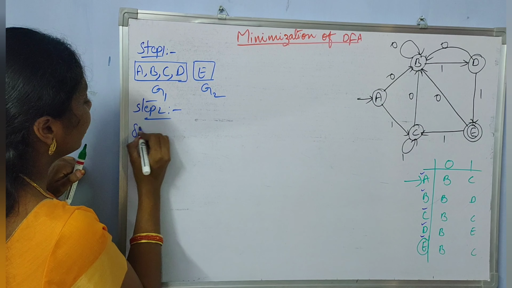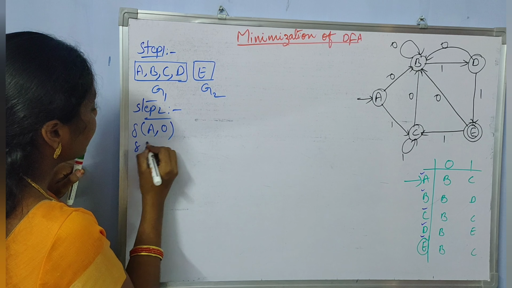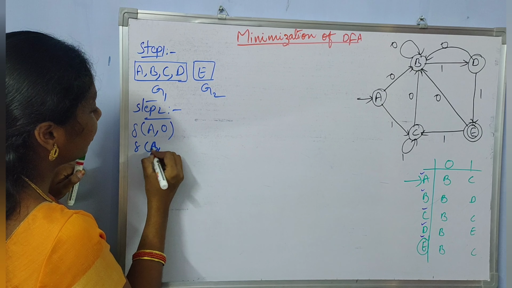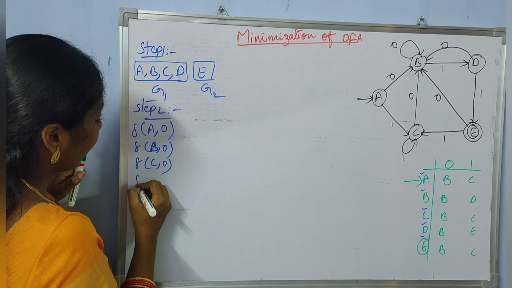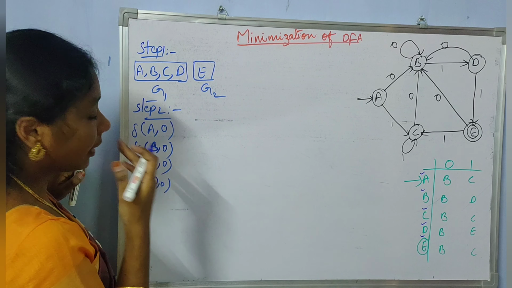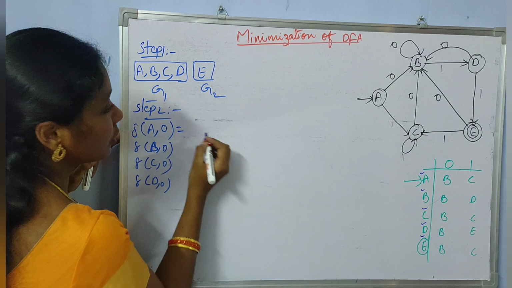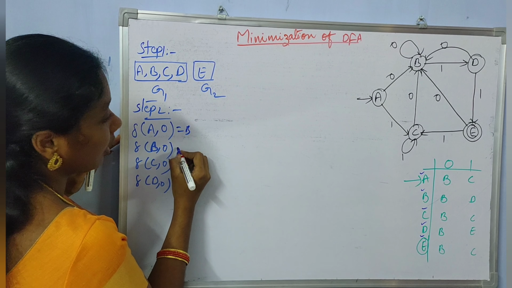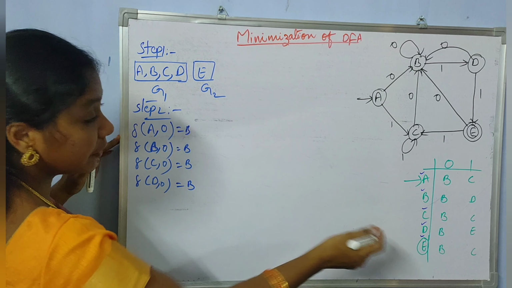I'm considering the transition of A with input 0, the transition of B with input 0, the transition of C with input 0, and the transition of D with input 0. I need to consider all the transitions with 0 first. From the table, all of these go to B.